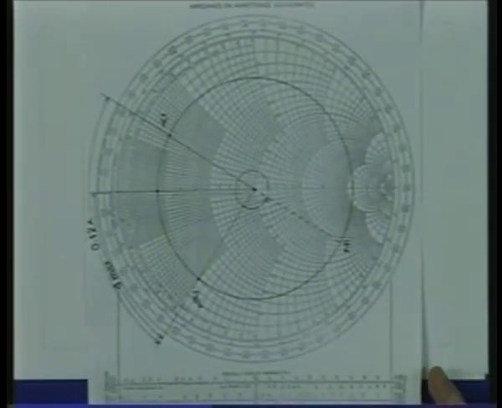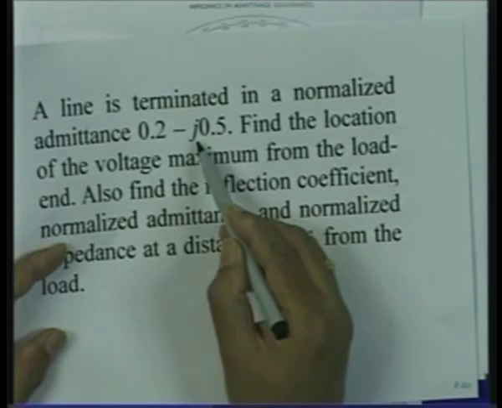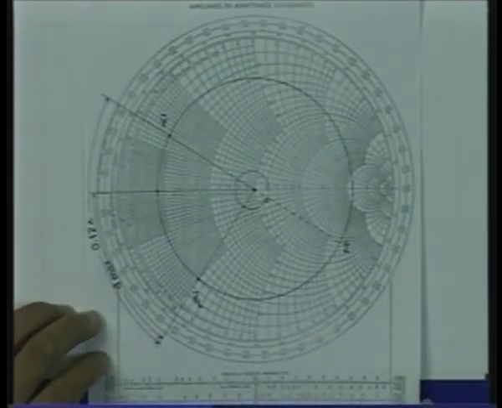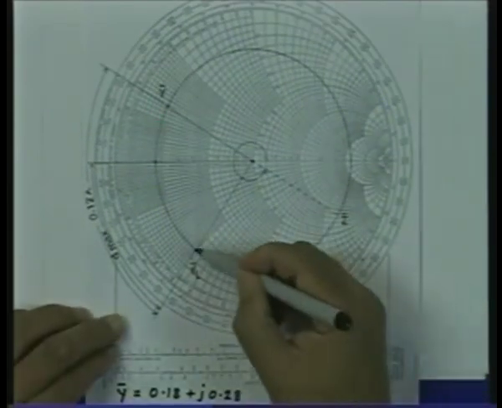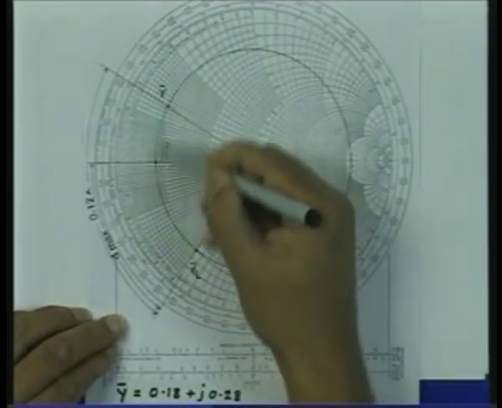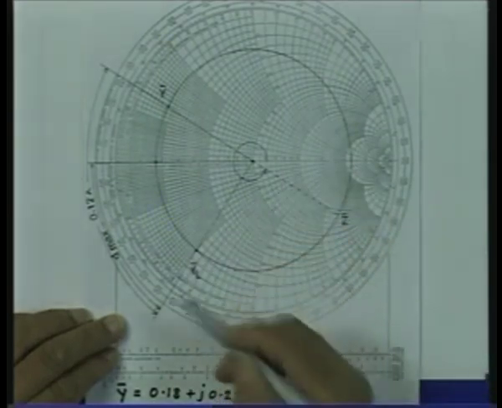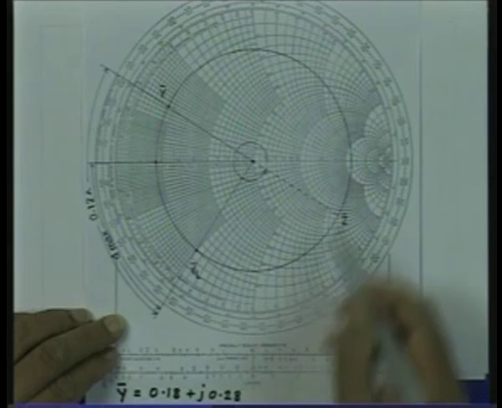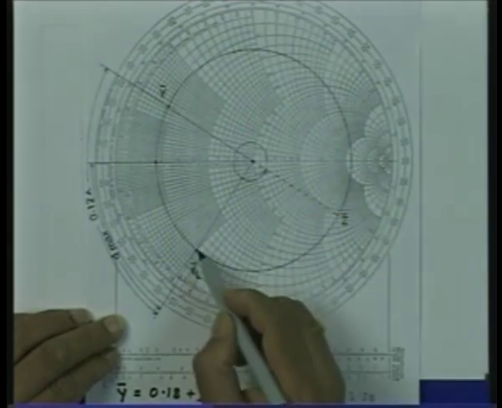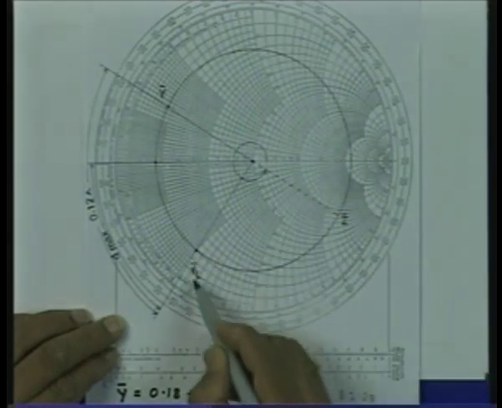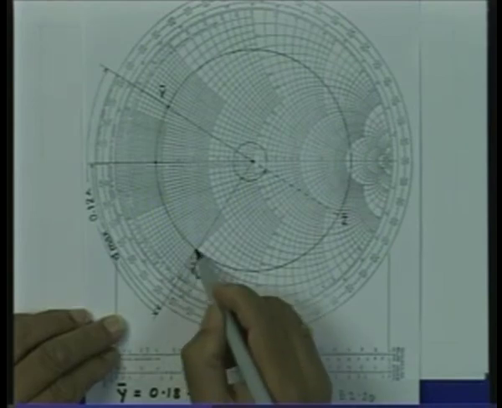You take the point which is 0.2 minus 0.5. So, find a circle which is the 0.2 constant G circle, find a circle which is the constant B circle which is minus 0.5. The intersection point of the two gives you this point here which is YL bar, the normalized admittance at the load point.